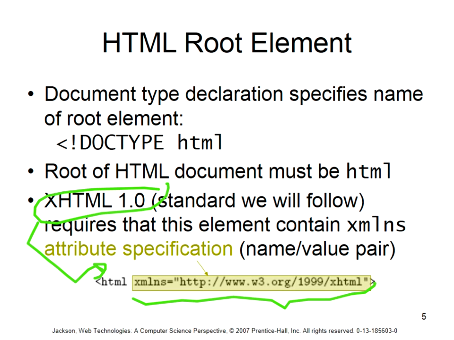Here I want to make a remark. The textbook is from 2007 and uses XHTML 1.0, but now we use HTML5, and we write just doctype html. So there are some differences between the standard now and the textbook.